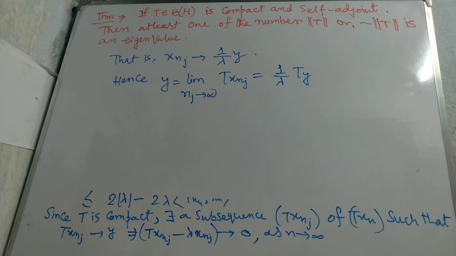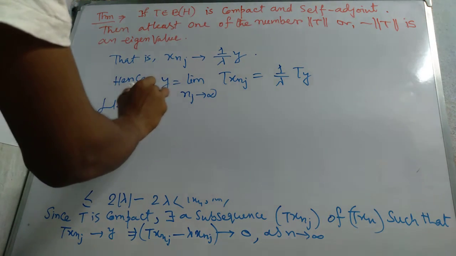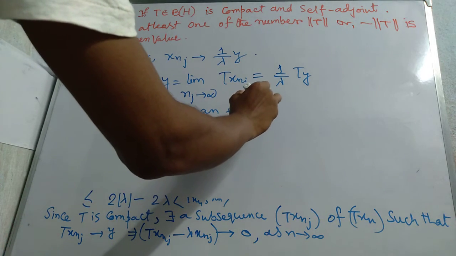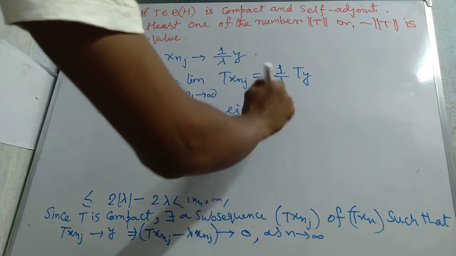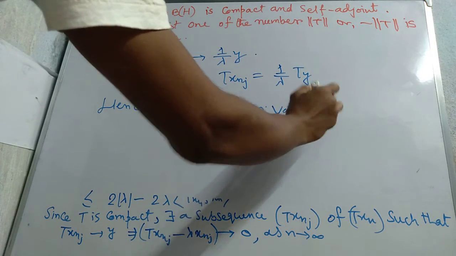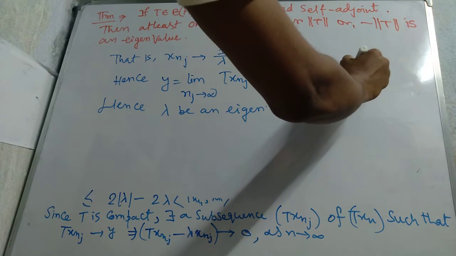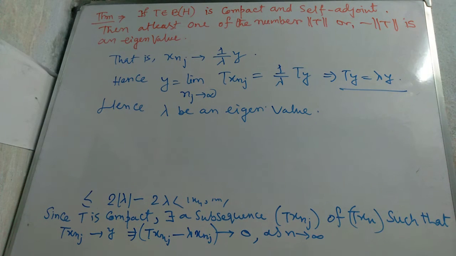Hence lambda is an eigenvalue. Okay, this implies Ty equal to lambda y, so lambda be an eigenvalue.